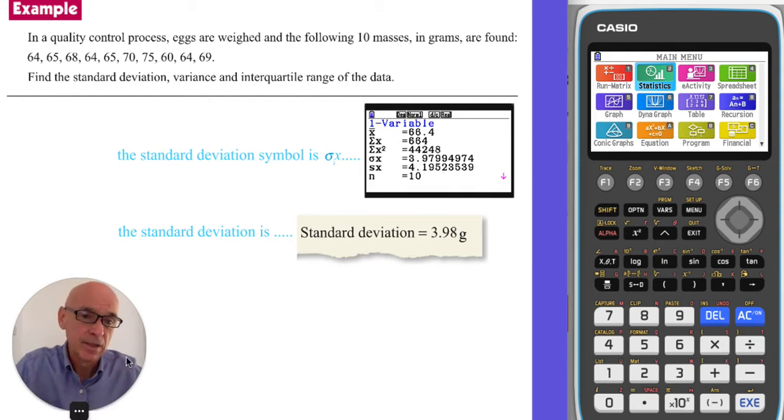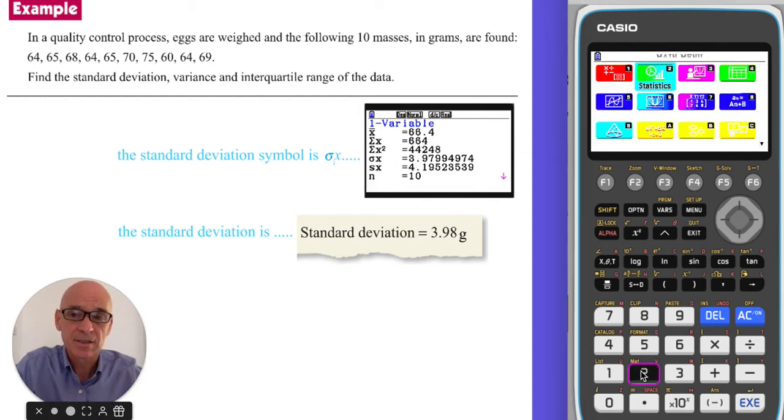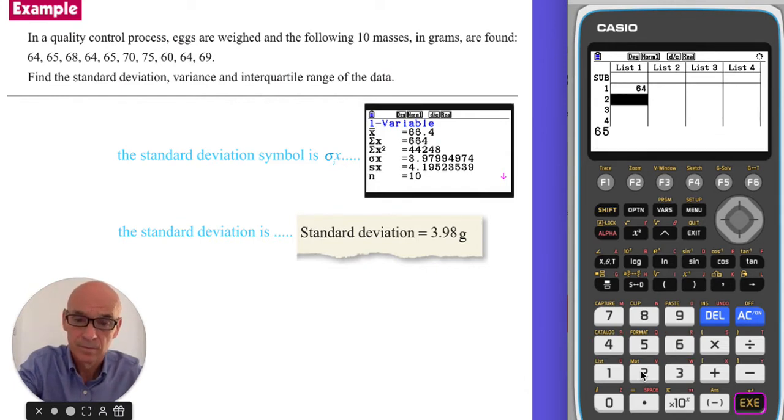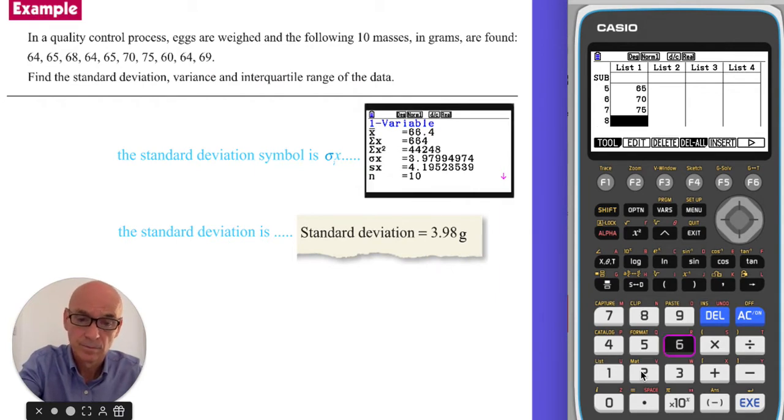So, in menu, press 2 for statistics and start by entering the data. Checking, I've got 10 pieces of data. There you go, we can see on the screen 10 pieces of data.